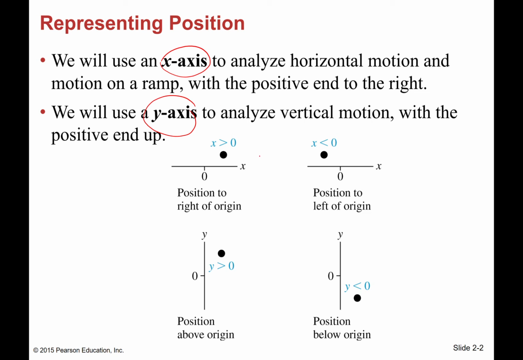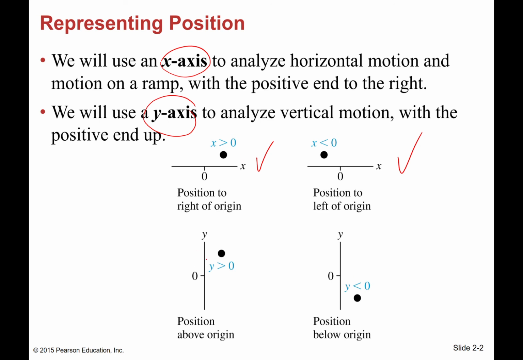So here we have an x-axis, and by convention, you're always free to choose the origin wherever you want, and anything right of the origin is positive, and anything to the left is negative. That is a convention, and you don't have to choose that, and there will be problems where we choose a different convention, but in general that is the convention we'll use in most cases.